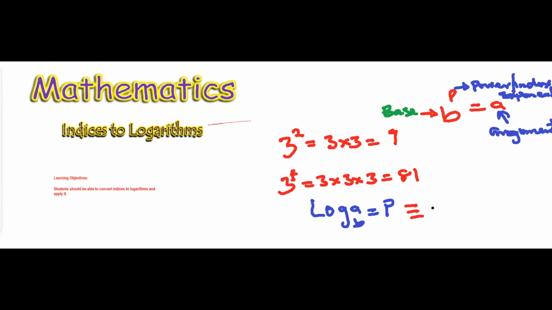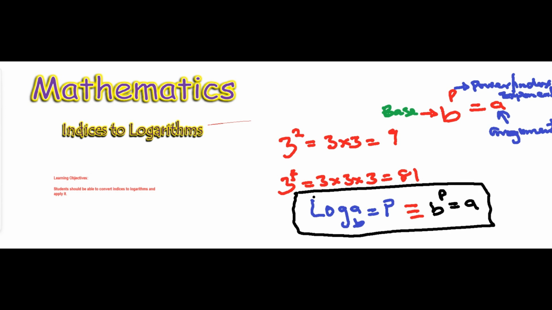This base will carry the power, b raised to the power p, and it will give me the argument. So that's the simple rule for converting logarithm to indices. Any base, let it carry the answer, which is the power, and equate it to the log itself.